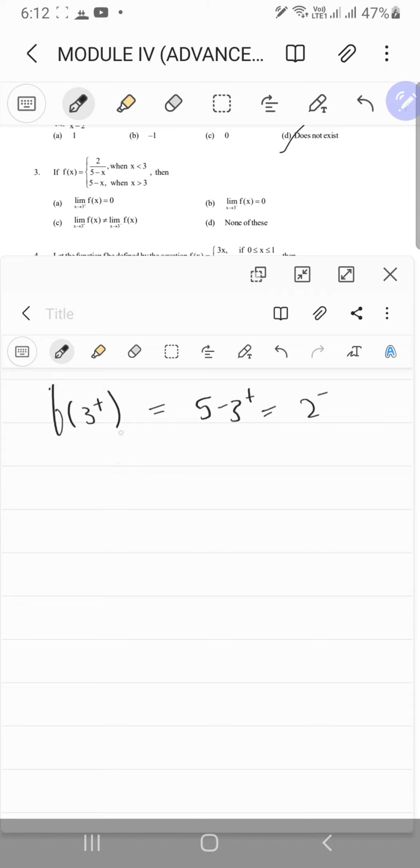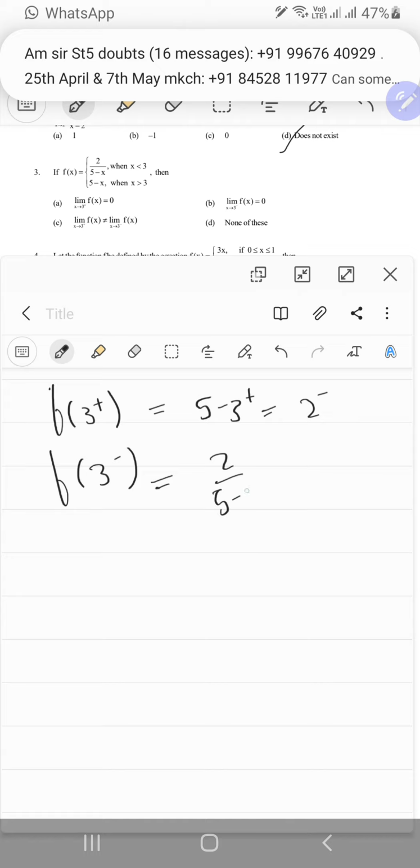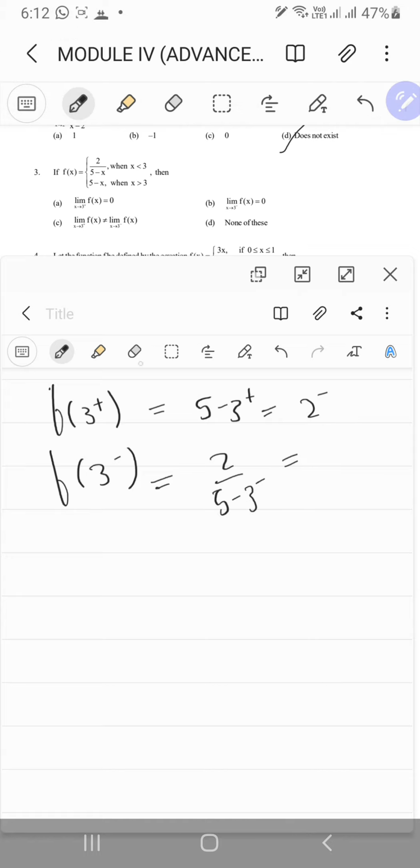And what else do we have? Okay, 3 minus stuff. So f of 3 minus. Yeah, so that should be 1, right? So this is obviously correct.